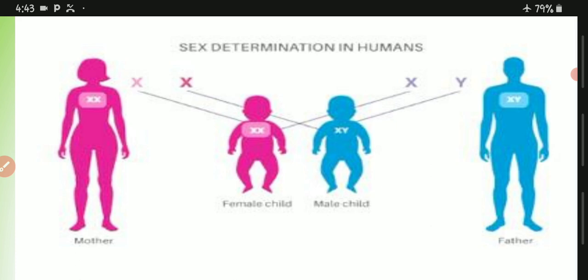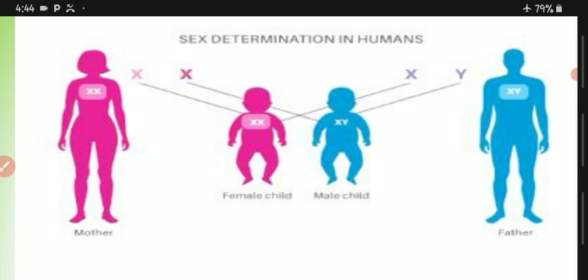From there, we also have to know that the sex of an organism can be determined by either the environmental factors or the genetic factors. These two can be used to determine the sex of any organism.